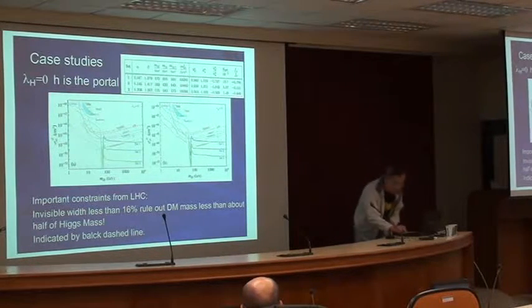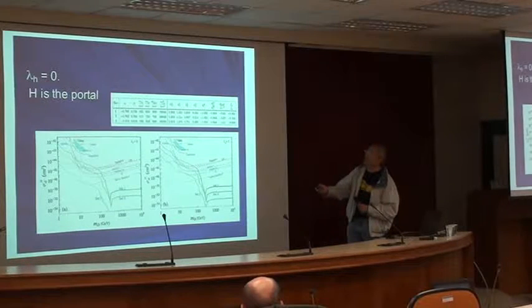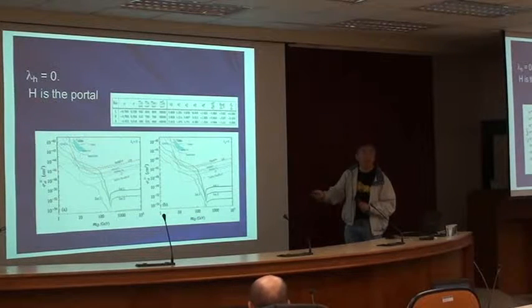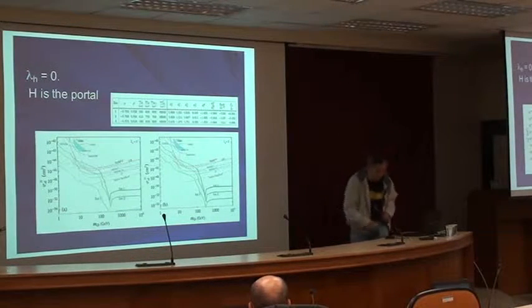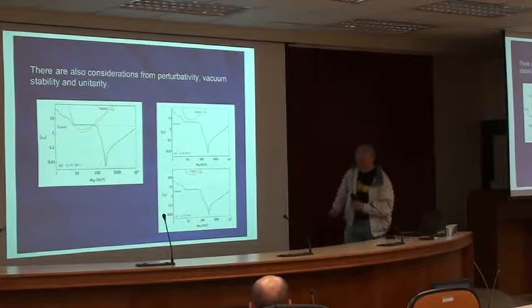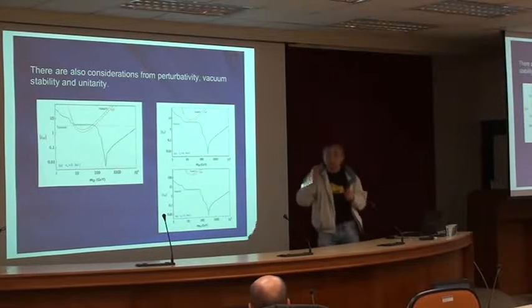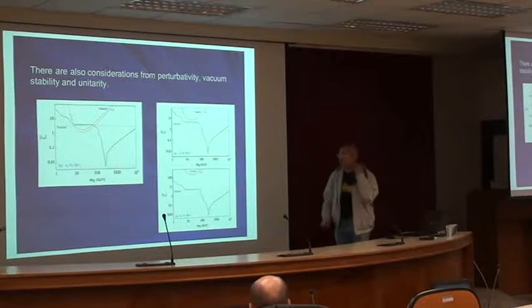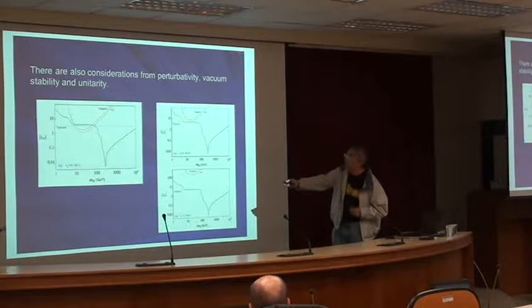But this time, if the heavy guy is doing the job and the light guy doesn't, maybe this side is totally allowed. But it turns out, as I said, you need to consider perturbativity, vacuum stability, and unitarity. Then you find this line.